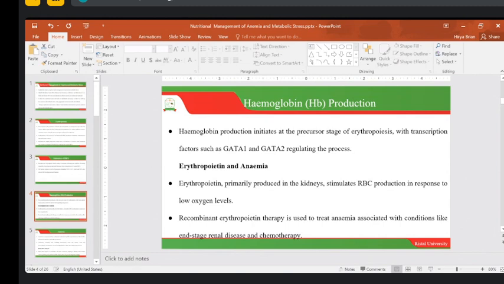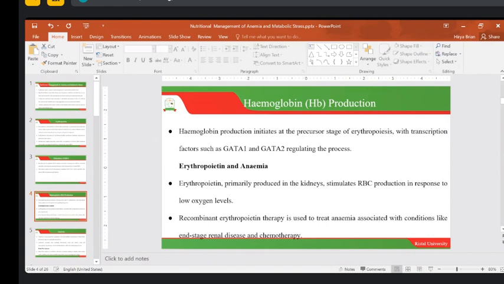So erythropoietin and anemia: we are looking at erythropoietin primarily produced by the kidneys, stimulating the production of red blood cells, also in response to low oxygen levels. Almost all mechanisms in the body work using what I call the feedback mechanism.